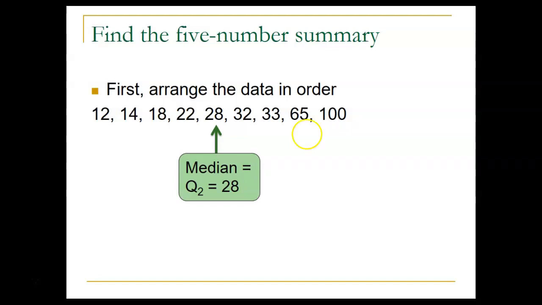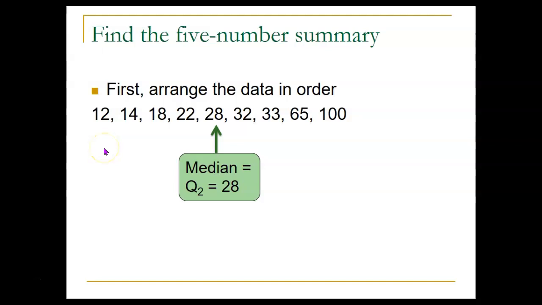Now to find Q1, look at the values that are below the median. And I'll just mention that there are different ways of figuring the quartiles. Some software packages or some statisticians use one method, some use another method. For example, some people would include this median when they are looking at the bottom half of the data to find the Q1.